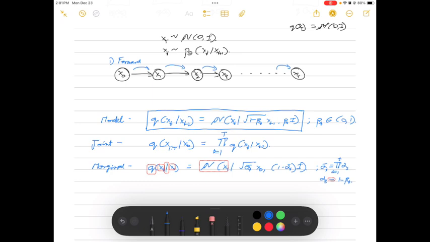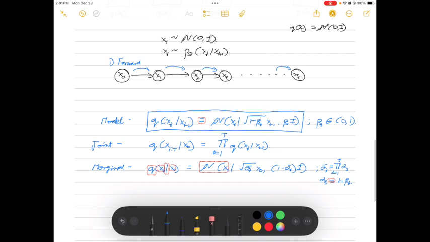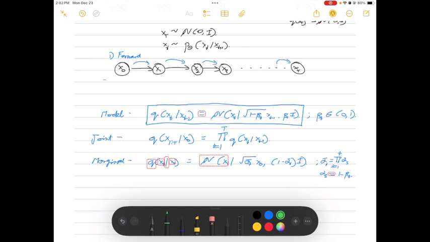Okay, so this was the forward process. Now we'll talk about the reverse process, which will be in green. So the forward process is in blue, and the reverse process will be in green. In the case of the reverse process, we just need to go backward on the Markov chain, right?